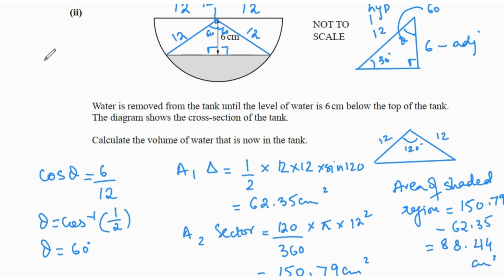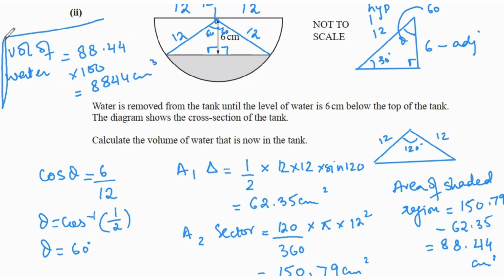Using this, we're going to find the volume of water, which is 88.44 times 100. 88.44 times 100 is basically going to give us 8,844 centimeter cube. This is your final answer.